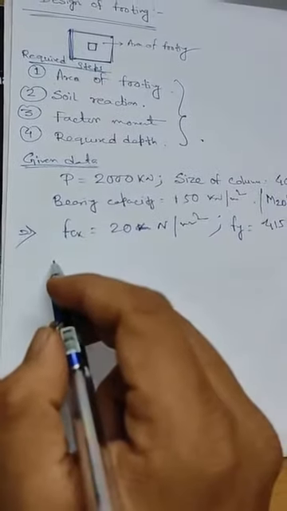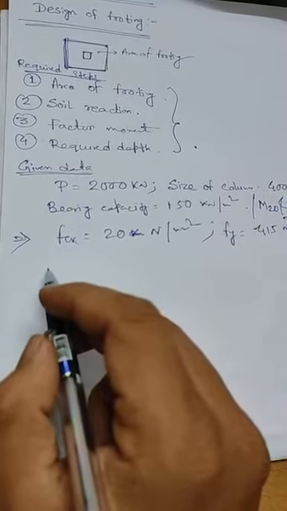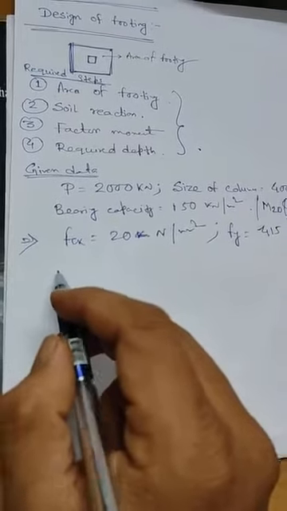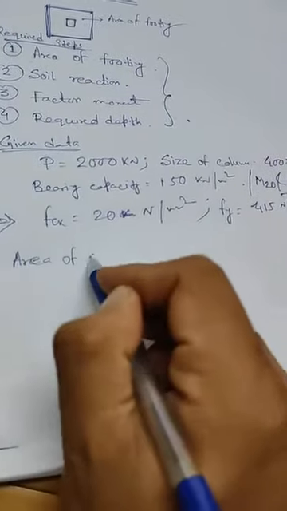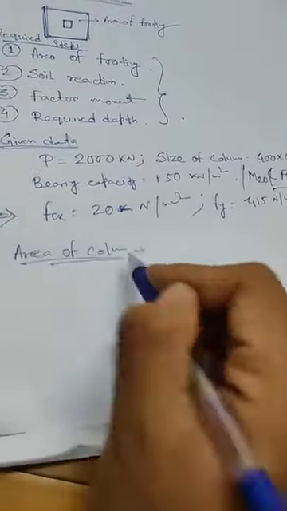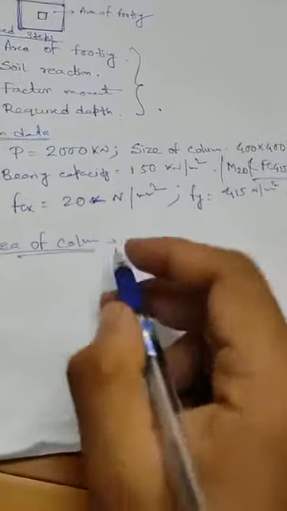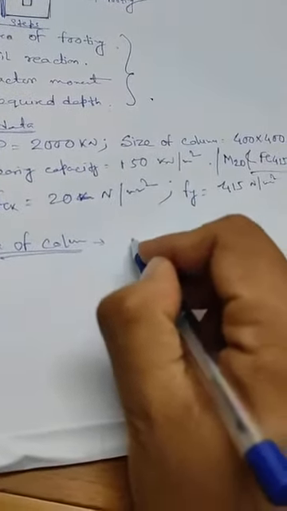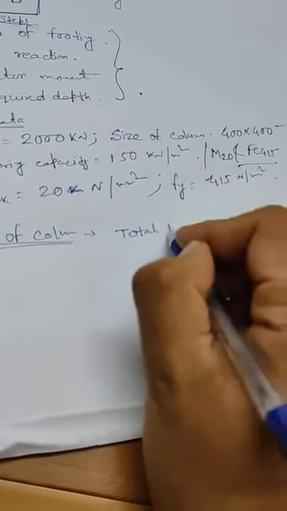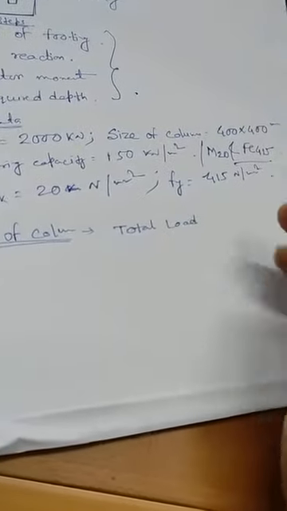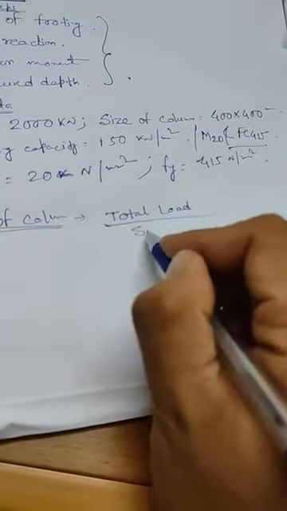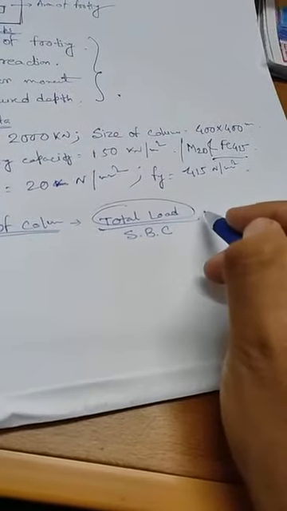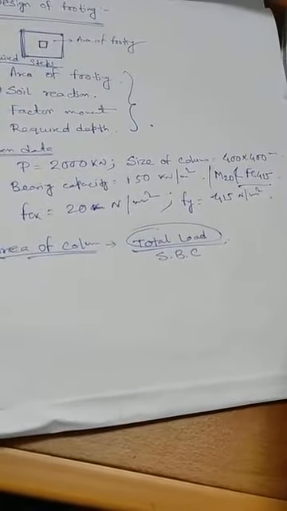Now first of all we have to calculate the area of the footing. The area formula is total load acting on column divided by soil bearing capacity. Now this total load comes as 10% more than the load applied on the column.